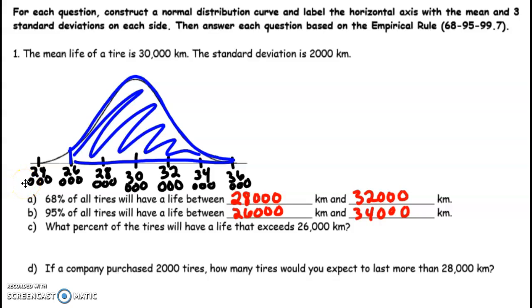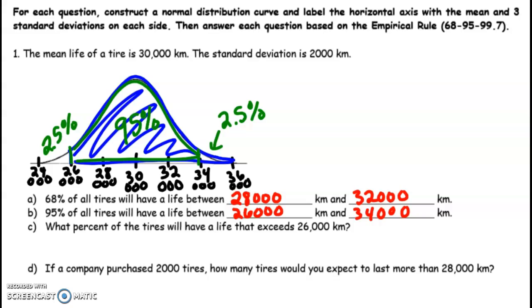We've done this before. That's within 2 standard deviations. Let me mark some more things. I know this in green is 95%, based on the empirical rule. That means there's 5% left over, so up here is 2.5% and 2.5% on this end.